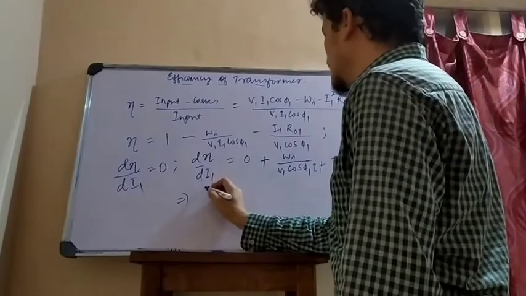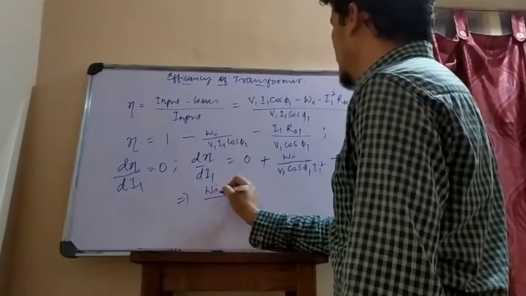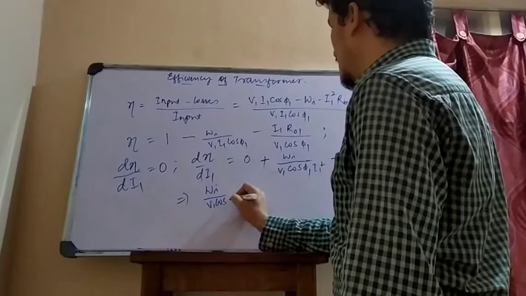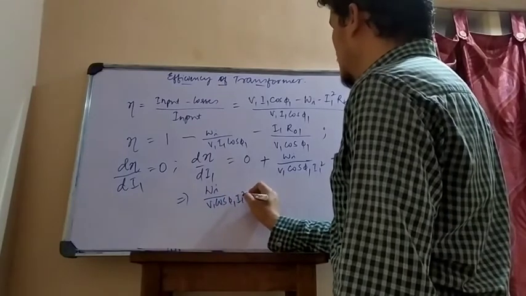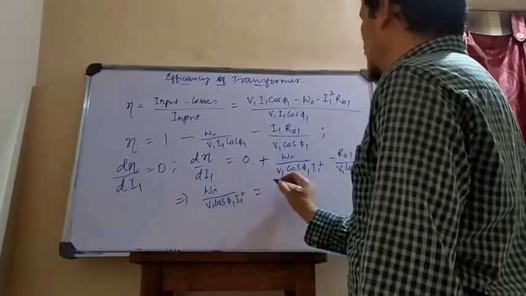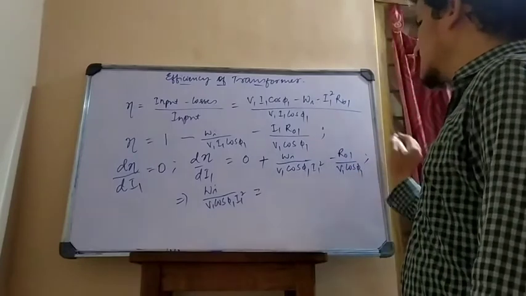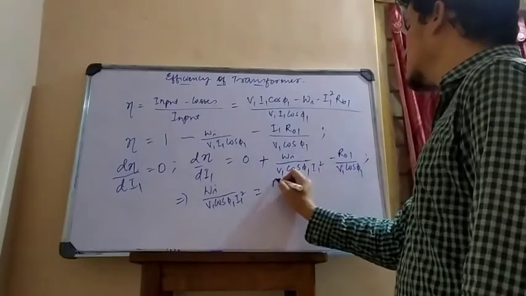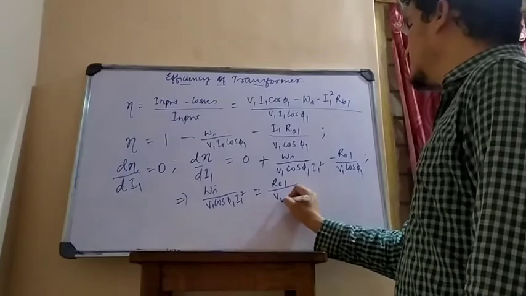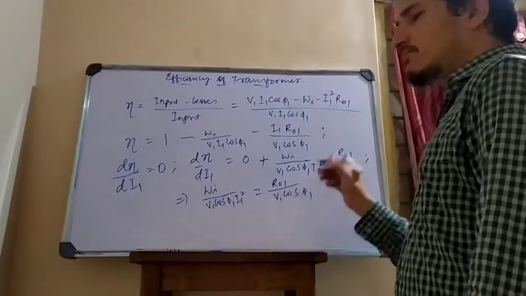So it goes like this: Wi divided by V1 cos phi 1, I1 square must be equal to, because it is equated to 0, this comes to this side, R01 divided by V1 cos phi 1.